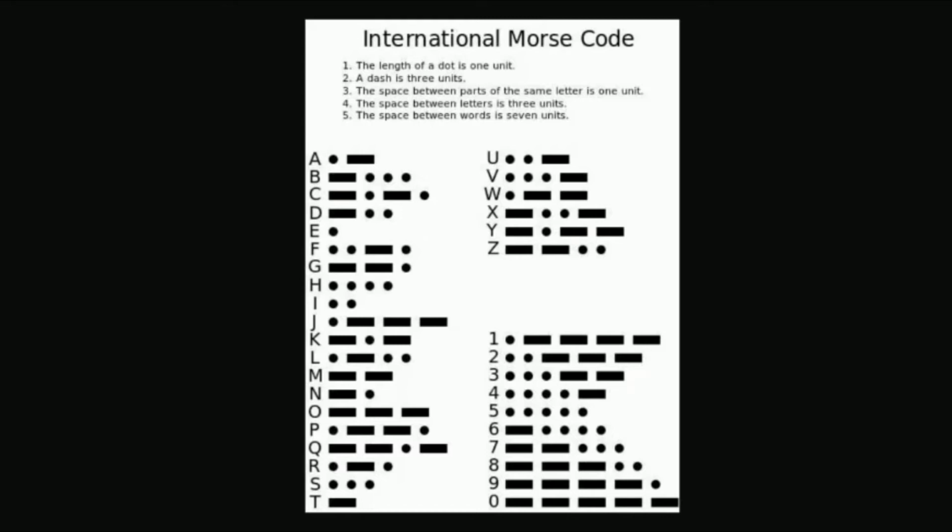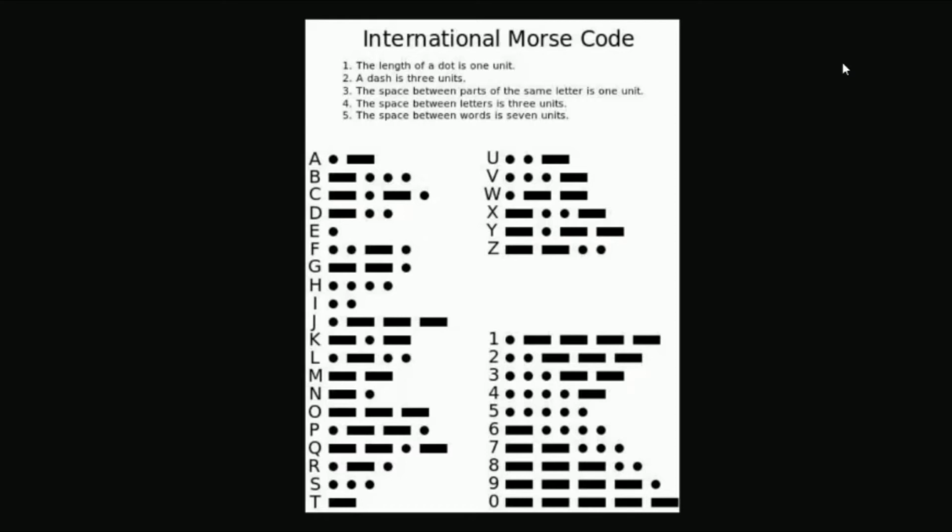If I want to have a dot and then a dash, obviously I need the LED to turn off for the time in between. How long should that time in between be? Rule number 3 says the space between parts of the same letter is 1 unit. For us, 1 unit is 1 second. If we look at the letter A, it is a dot followed by a dash.